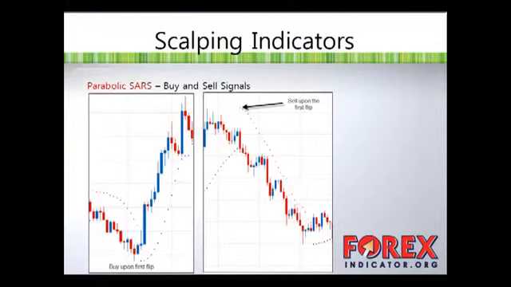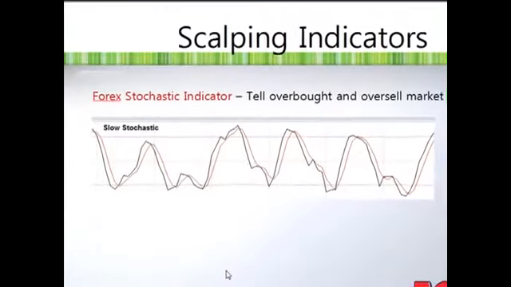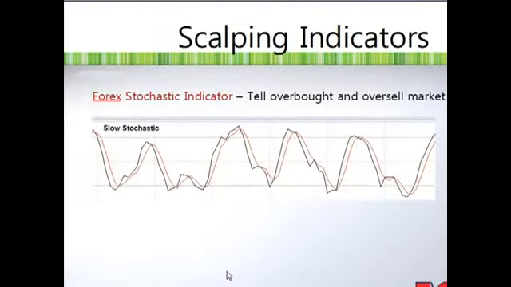The second indicator that we are talking about is the stochastic indicator. Basically, the stochastic indicator is an oscillator. As you can see, the price oscillates up and down. It tells us whether the market is currently overbought or oversold. The line on top represents the overbought level, which is typically at 80, and the line at the bottom represents the oversold level, which is typically at 20.